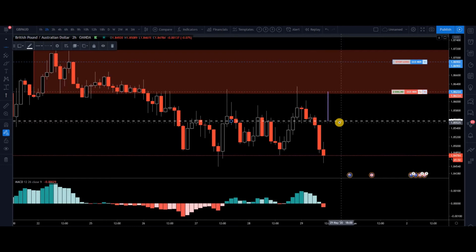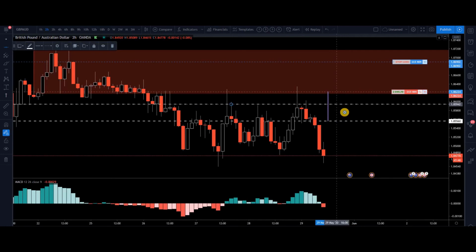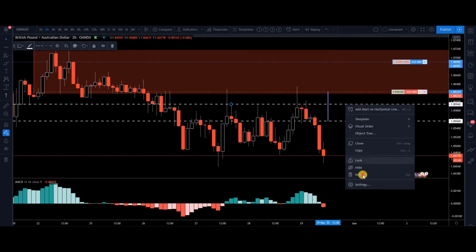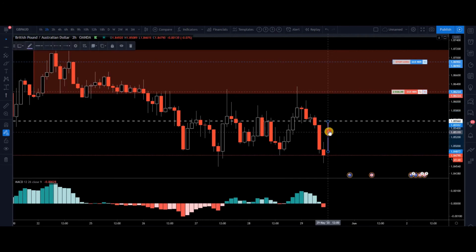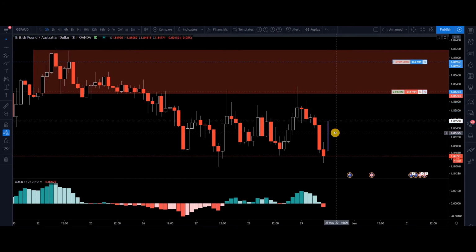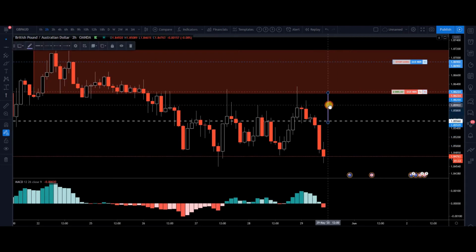But what's happened here is price has moved so fast that we're actually now at a 2-to-1. So what I would normally have done up here, I'm going to do now, although we're a little bit late, but it's in our benefit: I'm going to take off half of the position.